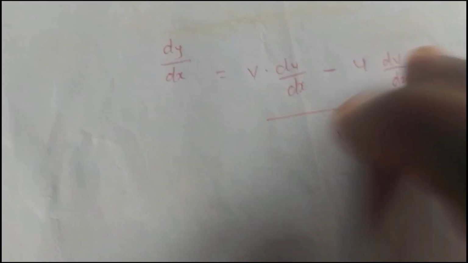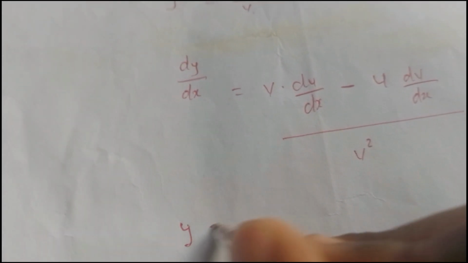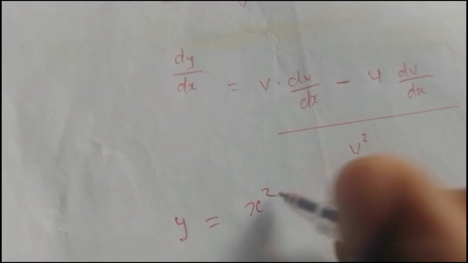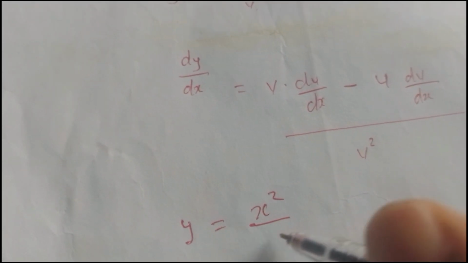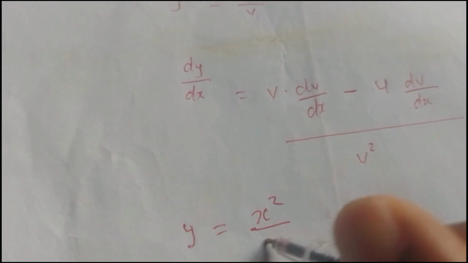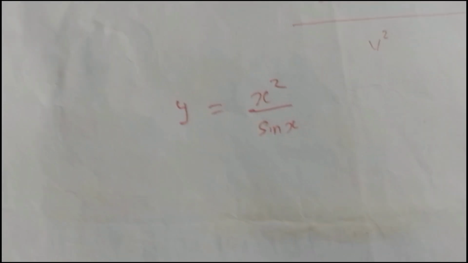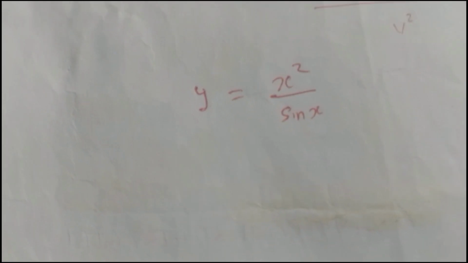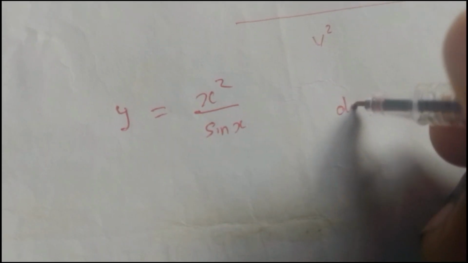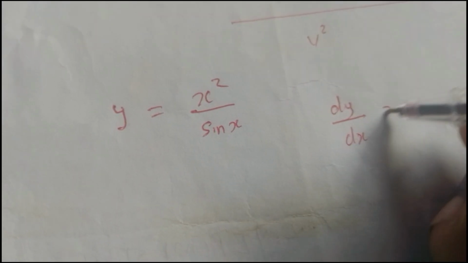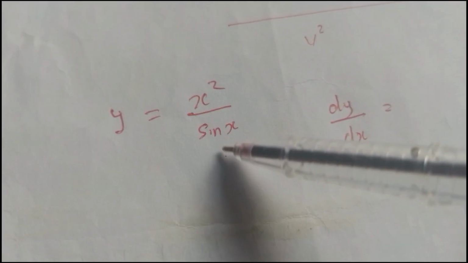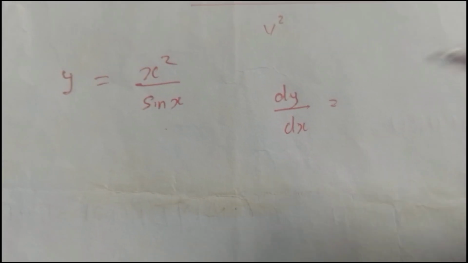So when we have a function y is equal to x squared over, let's say, sine x, and you are asked to find the derivative, what will be your answer? Here, dy/dx is going to be what? The second function, right?